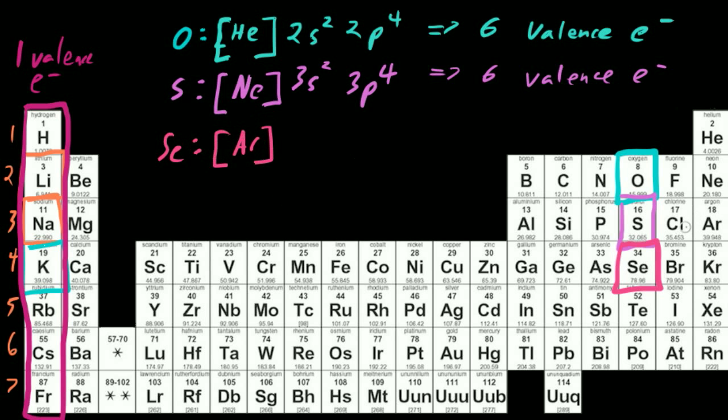And on top of argon, what is selenium's electron configuration? You can maybe see that this is where it starts to get a little bit interesting, because selenium's electron configuration on top of argon is going to be 4s2. And then what happens?